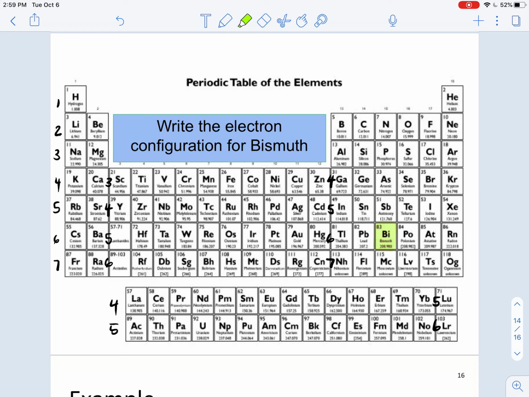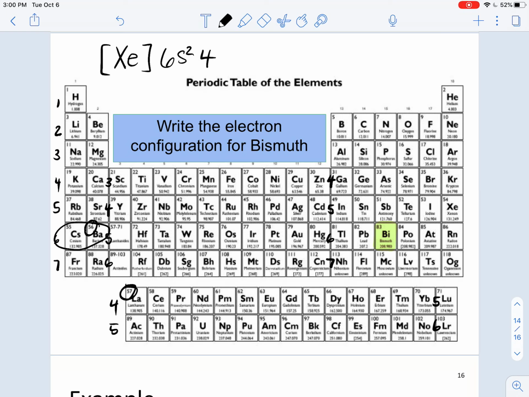All right, so if we're going all the way down to bismuth, noble gas before bismuth, xenon, Xe in brackets, and then we keep going. 6s2, and then looks like our next element after 56 is 57.